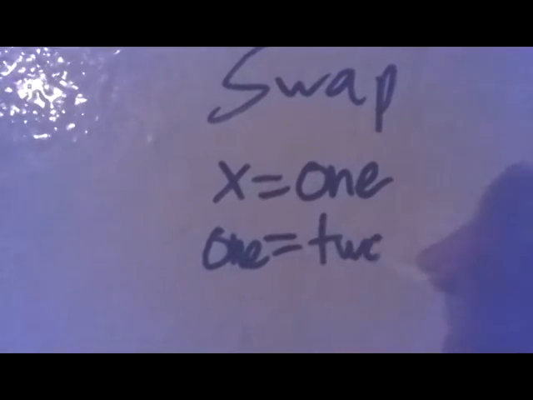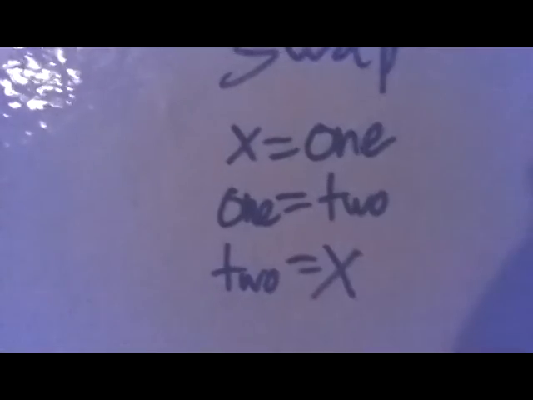So moving on to the swap. Swap is just 3 lines, but it is 3 very important lines. Let's say I start off with a temporary variable named x. I say x is equal to one of the 2 elements I'm swapping. Then I set that one equal to the other element. Lastly, I set that second element equal to the temporary one.